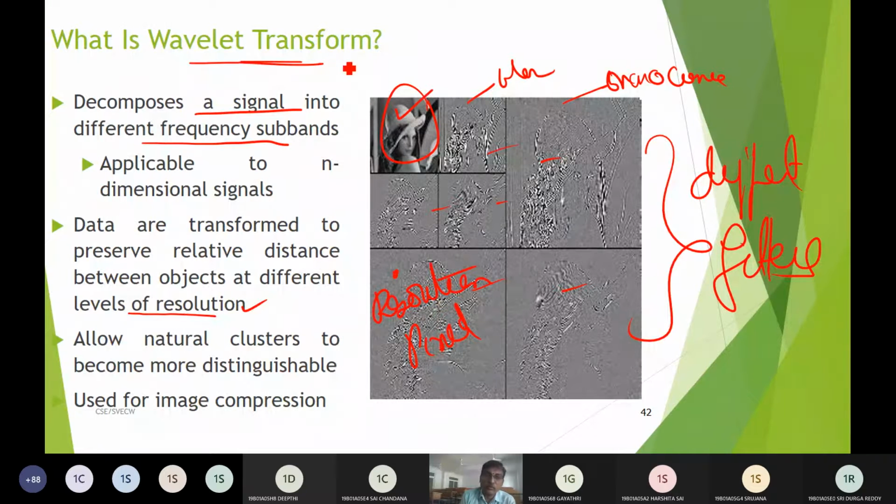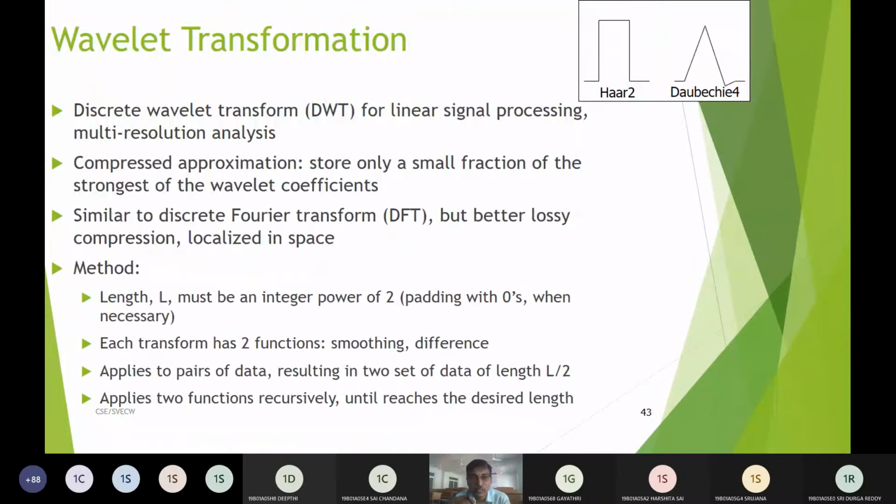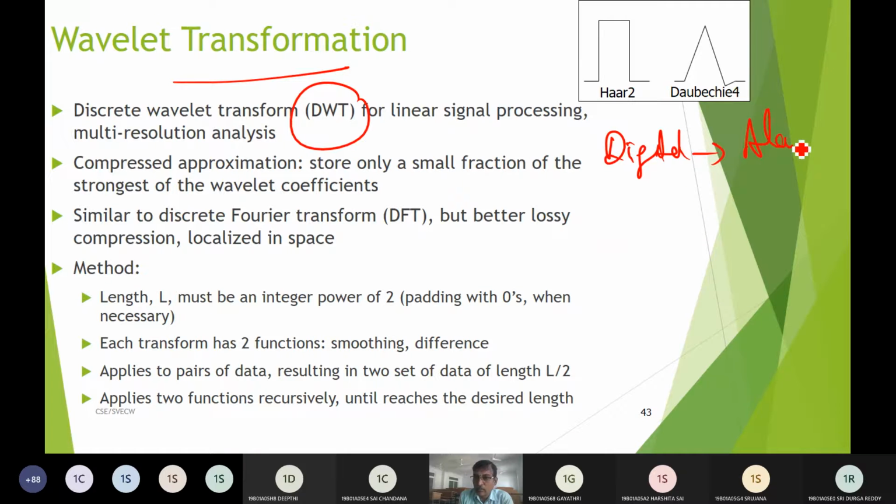And mostly wavelet transformation is used to compress image files. We have a lot of filters when we look at image files, so in image files we take up the wavelet transformation. This we are going to call the discrete wavelet transformation, where we convert digital to an analog wave.